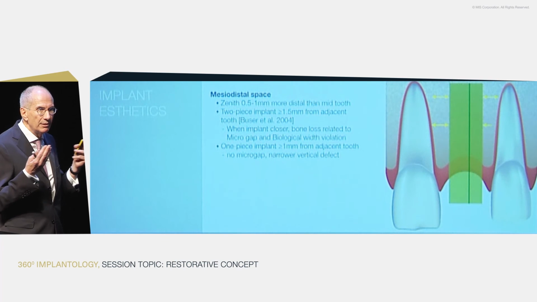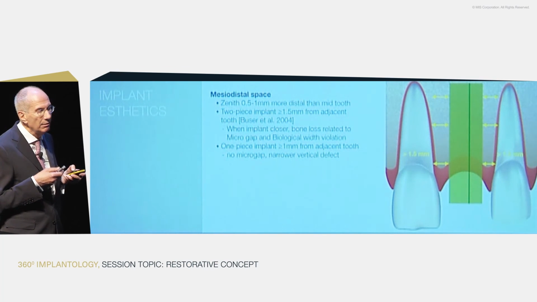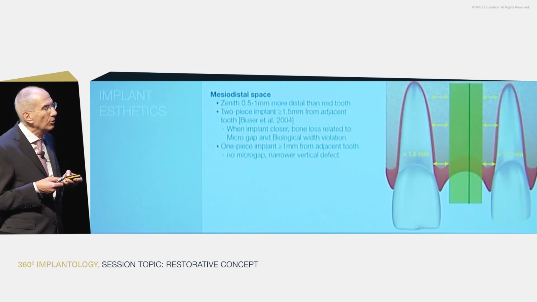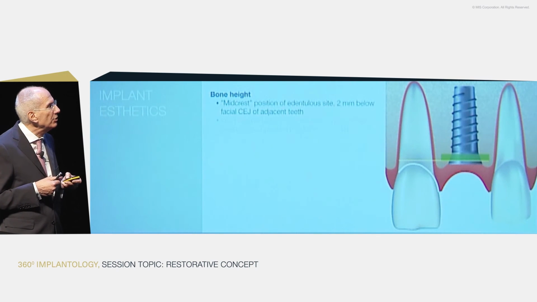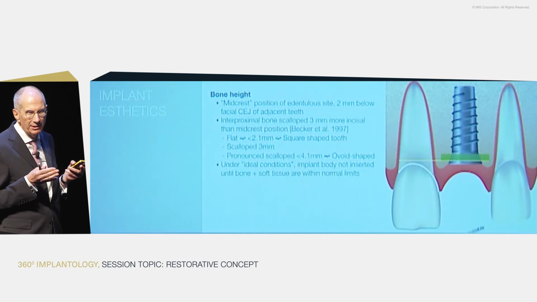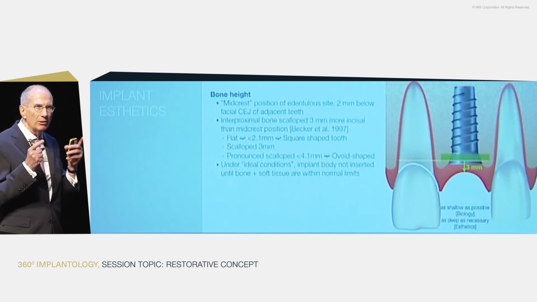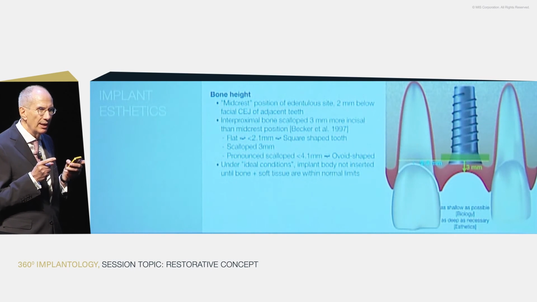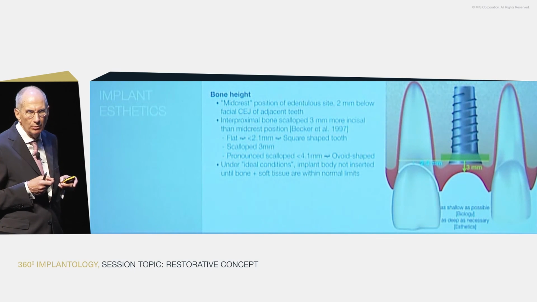Also mesiodistally, the zenith, and of course not to interfere with the periodontium of the natural teeth, and also in the vertical dimension. These are aspects that have been very nicely described in the literature, but are very, very important for the final solution, as prosthodontic solution.